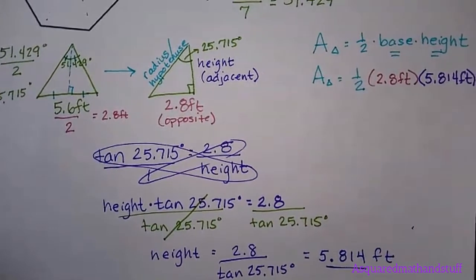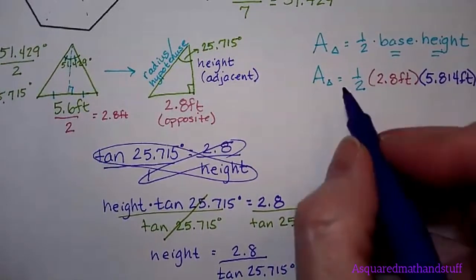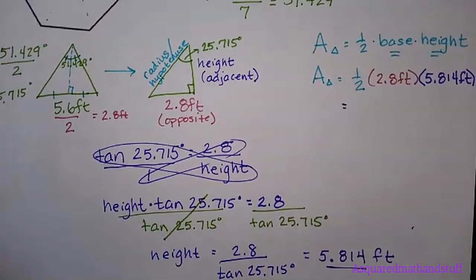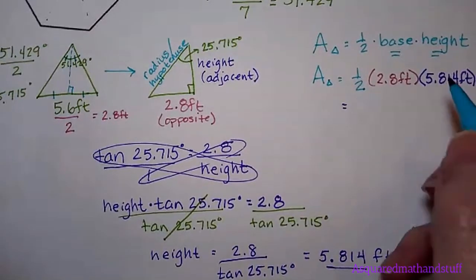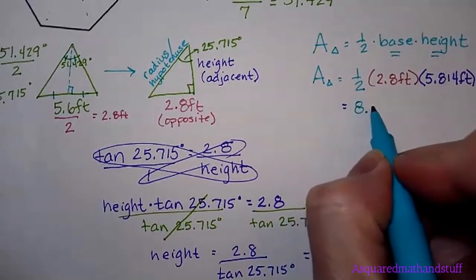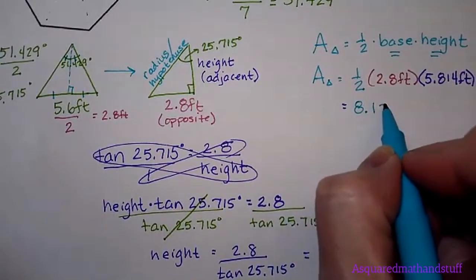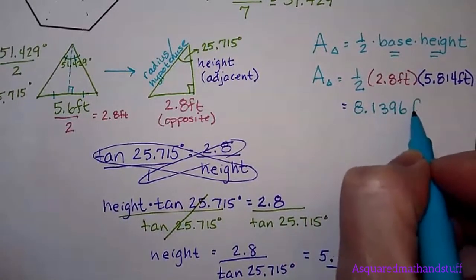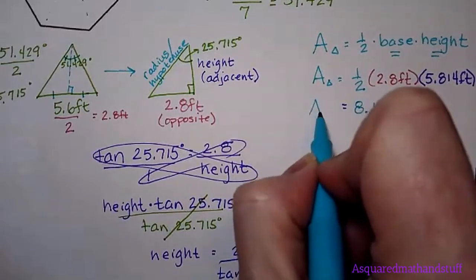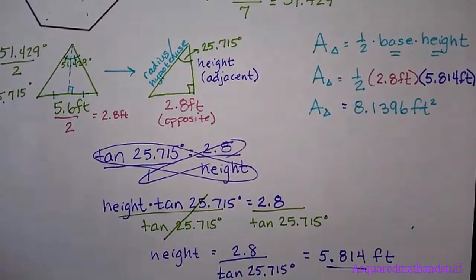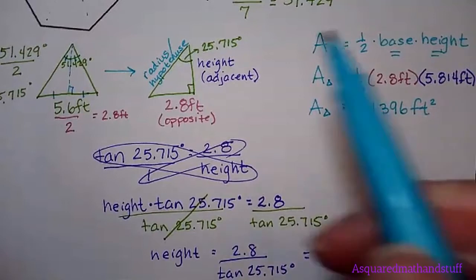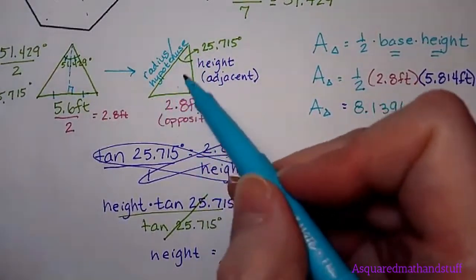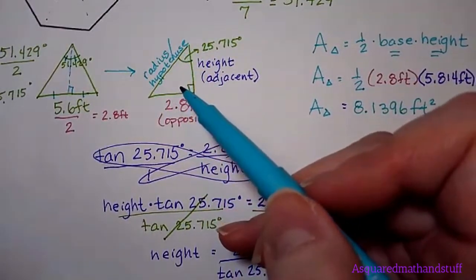And when we multiply that out, we get the area is equal to 8.1396 feet squared. So that's the area of one triangle, one of the smaller halvesy triangles, the right triangles.